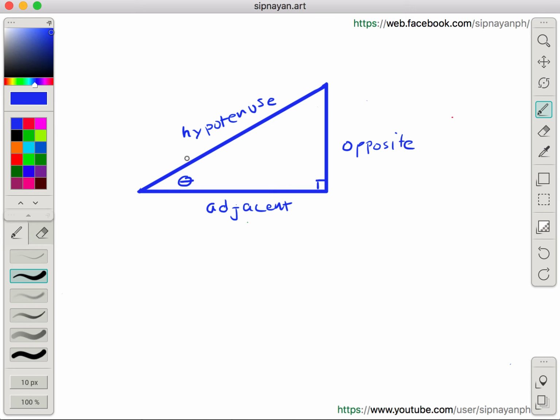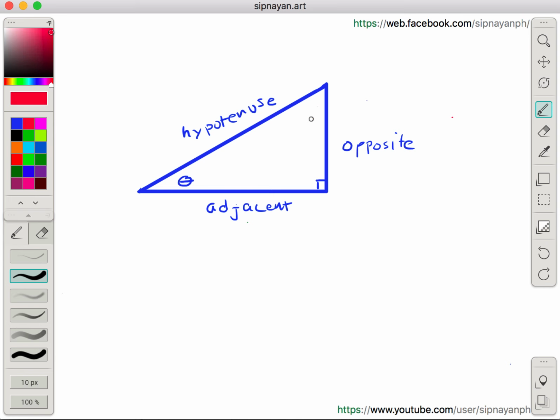So, ang hypotenuse, hindi yan mababago yung pangalan kasi yan yung palagi nating tawag sa pinakamahabang side ng triangle. So, pag nandito yung theta, for example, magbabago yung opposite tsaka yung adjacent, pero ganun pa rin yung hypotenuse.